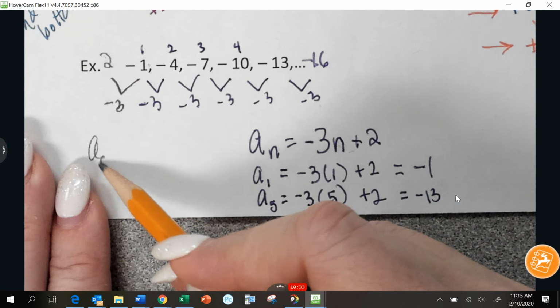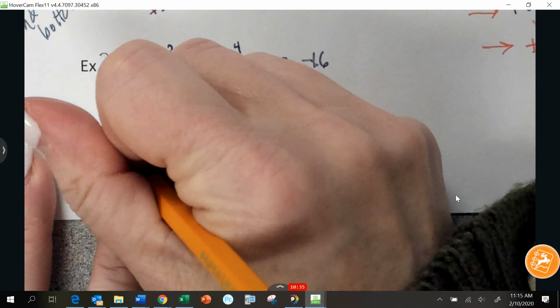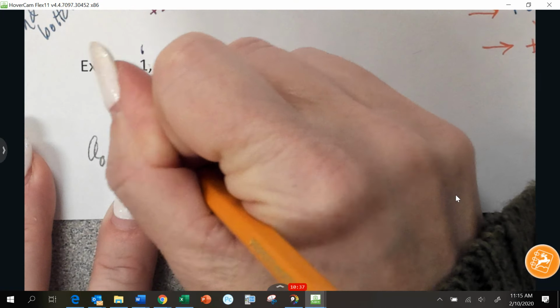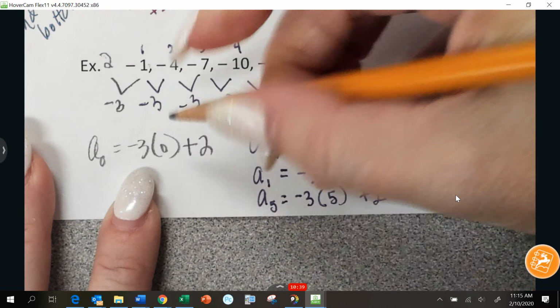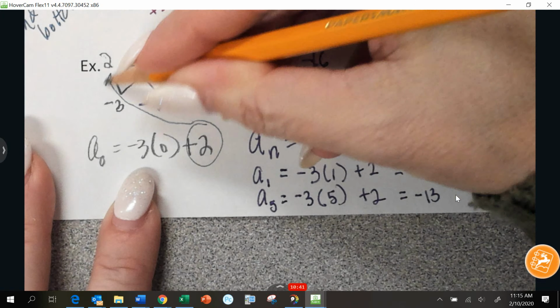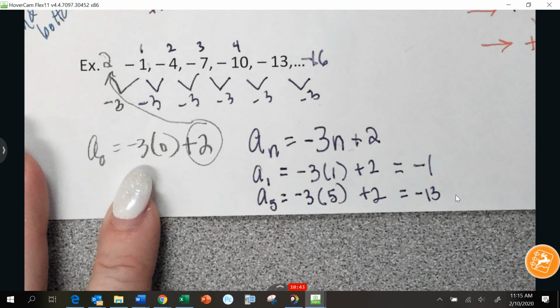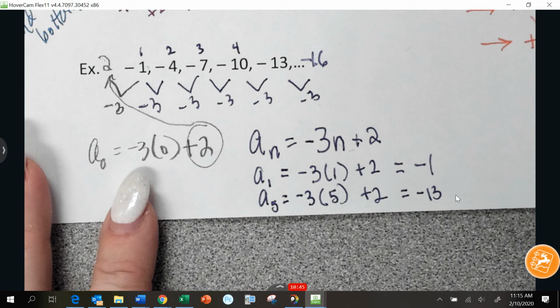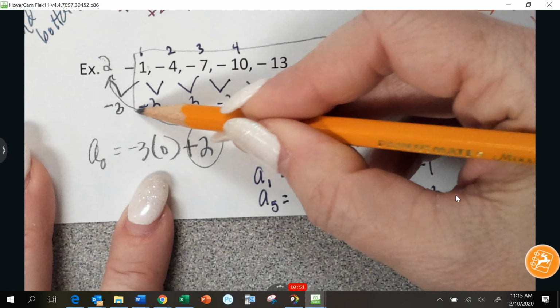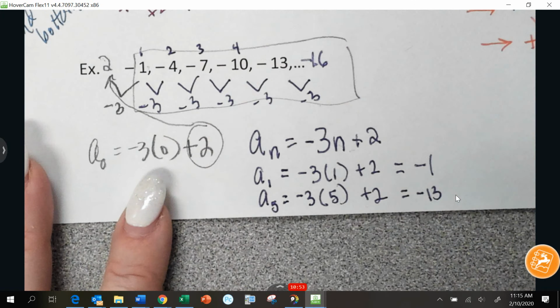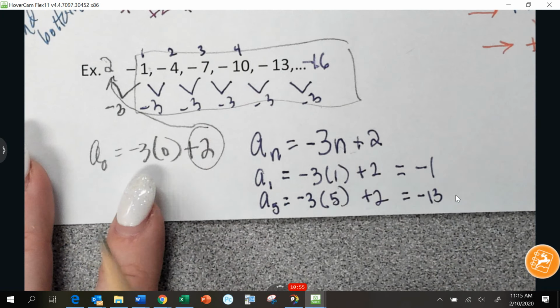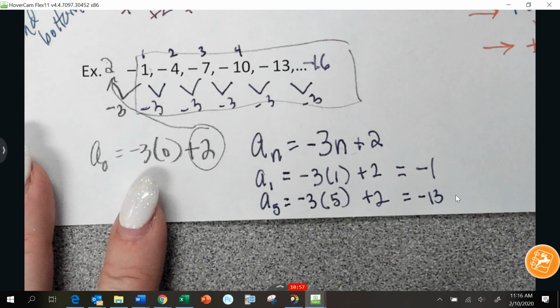So if I do a sub 0, I get -3 times 0 plus 2. But when you have a series like we do here, 0 isn't a term. Well, we can find it, but it's not a term.